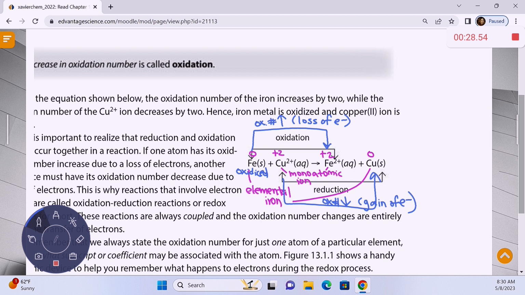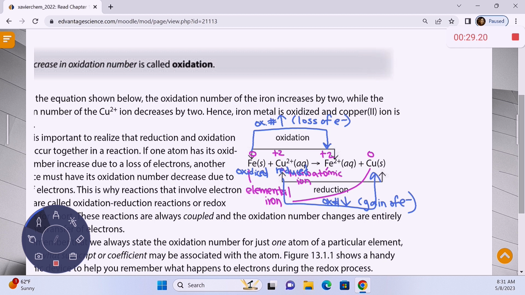So that means Cu plus 2 is reduced. You only write oxidized and reduced on the reactant side. You will never write it on the product side because there has to be an exchange of electrons between reactants only. Once you assign them as being oxidized and reduced, then you can take it one step further.